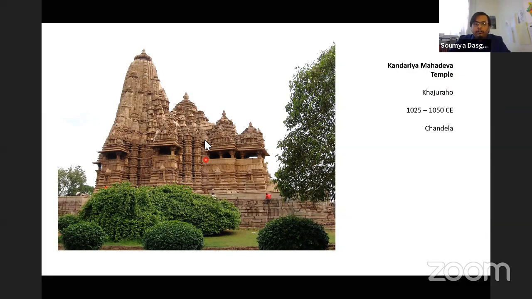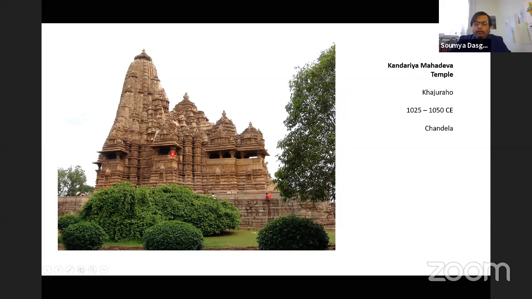You don't have much sunlight inside, let alone inside the garbhagriha. It's basically a very dark place with the deity inside that temple. But here you see these balconies which bring in light inside.